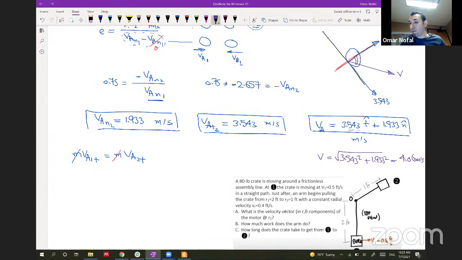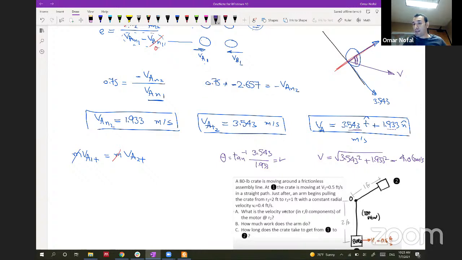will use these two components to get theta, so theta will be equal to tan inverse. It depends on what you will divide. If you divide the tangent over the normal, like this, 3.543 over 1.933, the angle that you will get is the one with the normal direction.